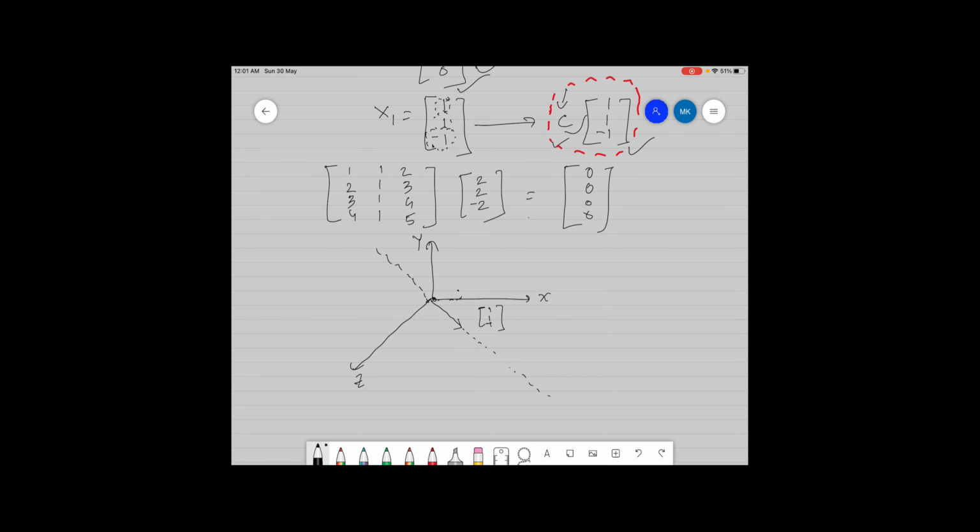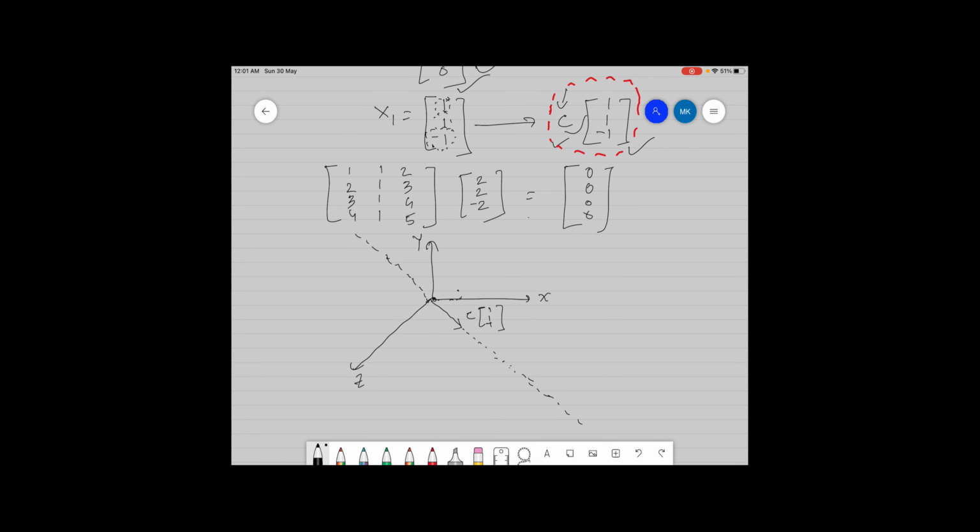So this is the whole line, c times 1 1 negative 1. This whole line is definitely a line in R3 which goes through the origin, which is definitely a subspace. So this null space that we have just found is a subspace in R3.